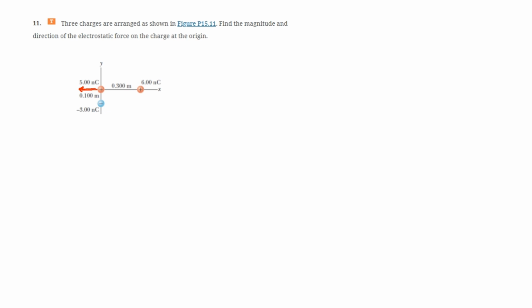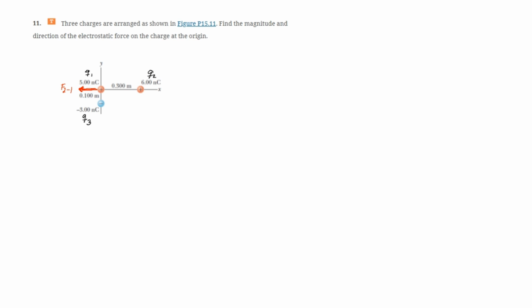If I say that this charge will be Q sub 1, and this one will be Q sub 2, and then this one, the negative charge, is Q sub 3. The force in red that I am representing here, that is a repulsive force, is the force that 2 exerts on 1.